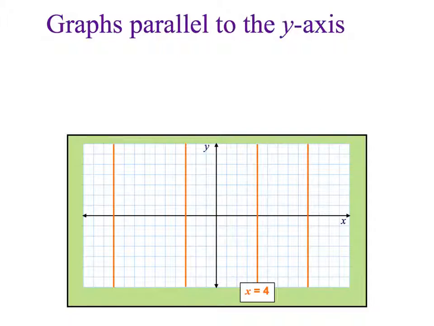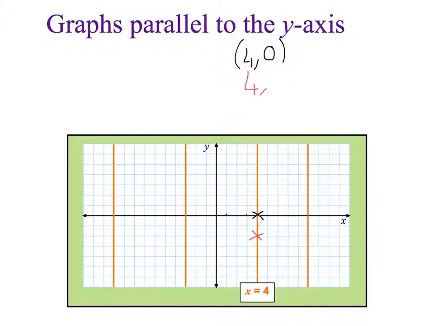If we have a look at this, we can try to work out the coordinates on the graph. If I choose a point, 1, 2, 3, 4 along, and I'm not moving up and down, the coordinate of that one is 4, 0. Let's choose another one. 1, 2, 3, 4 along, 2 down.